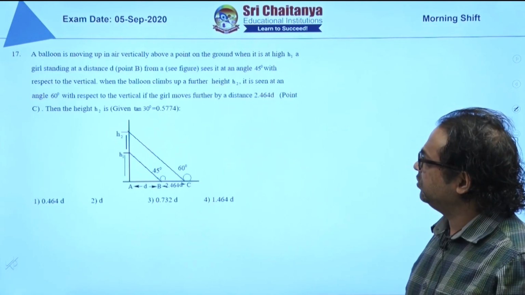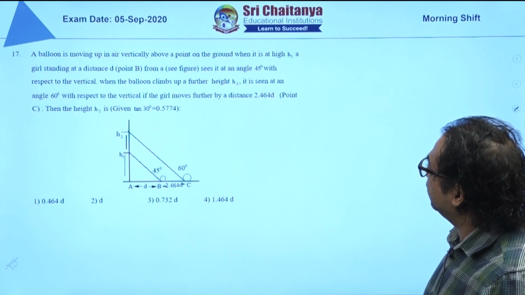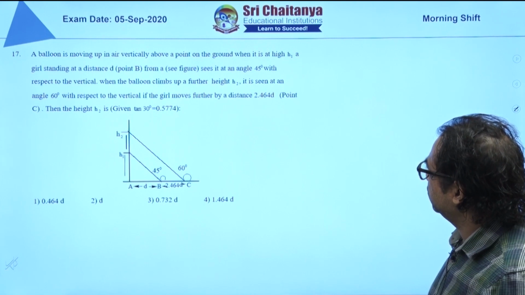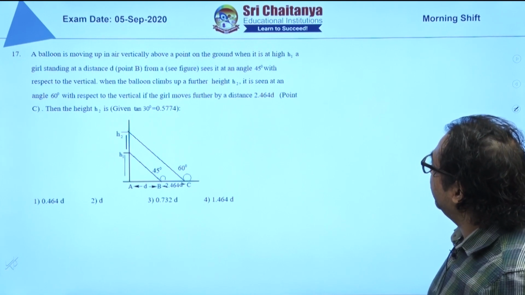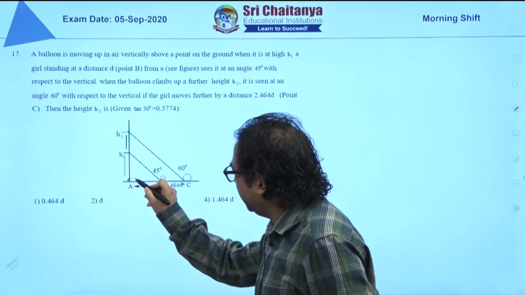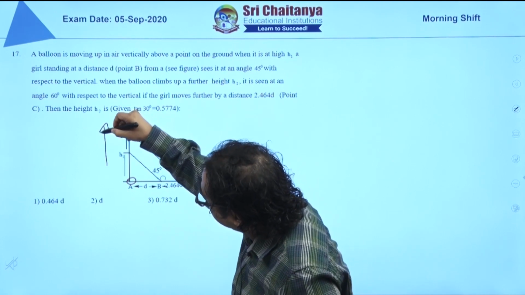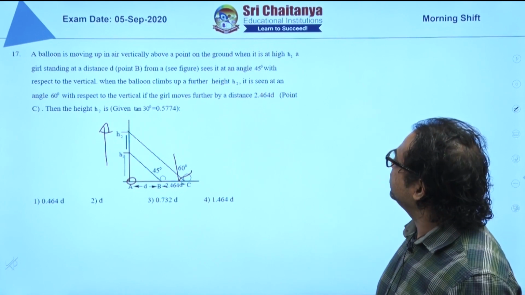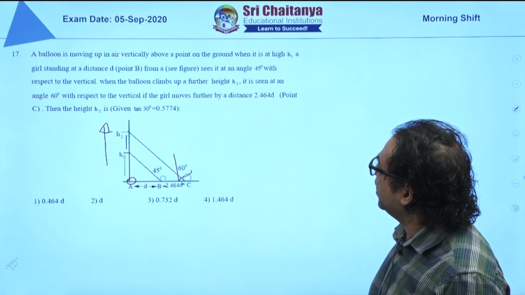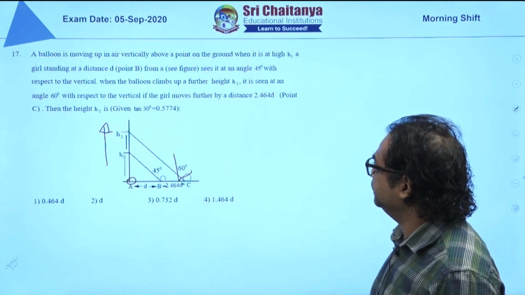So, now let us proceed to question number 17. A balloon is moving in air vertically above a point on the ground. When it is at a height h1, a girl standing at a distance d sees it at an angle of 45 degrees.